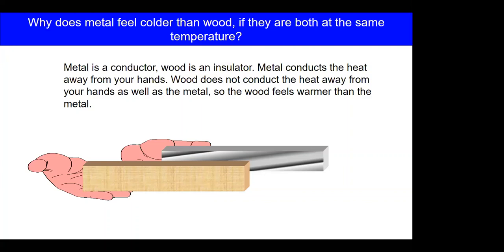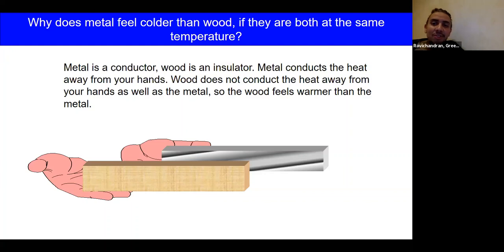So the metal removes heat from the hand, making a heat transfer between the metal itself and the hand, so you feel cooler. The heat is transferred. But with wood nothing happens, so you don't feel anything; wood is slightly warmer than metal. Clear?